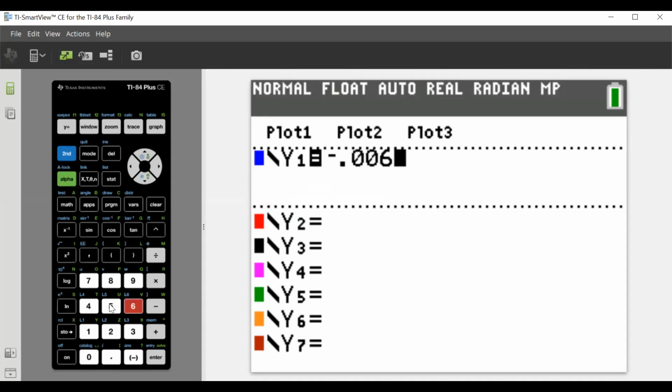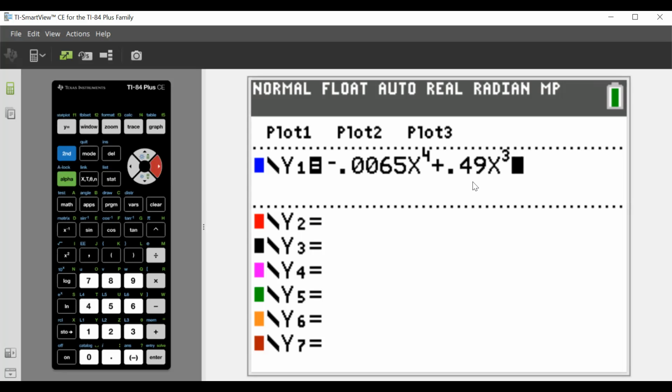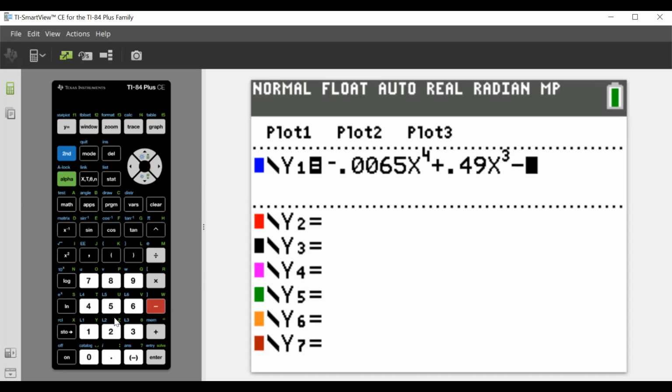Let's type both of those in here and see if it makes a difference which one we use, because sometimes it will, apparently, and sometimes it doesn't. Always remember to go back down when you're having something over an x squared, because x squared goes automatically down, but the others don't.